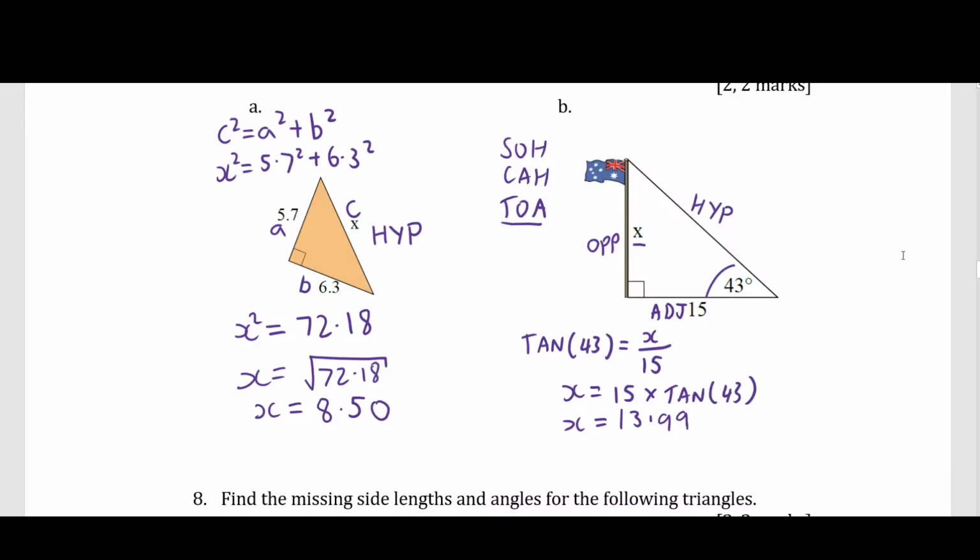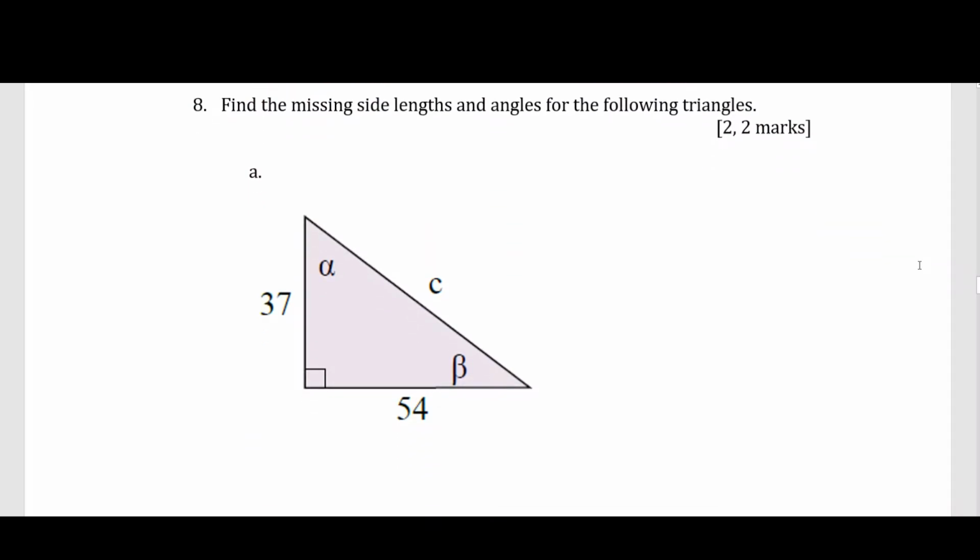Okay, number 8. Find the missing side lengths and angles for the following triangles. Okay. Now, first step, we've got this angle here, alpha. So we need to use SOHCAHTOA again. SOHCAHTOA. And we look, this side's the opposite. This side's the adjacent. This side's here the hypotenuse.